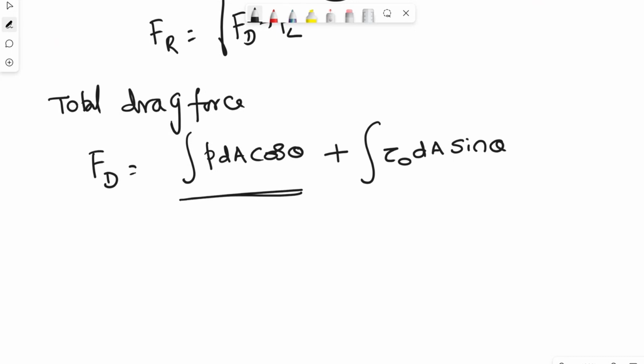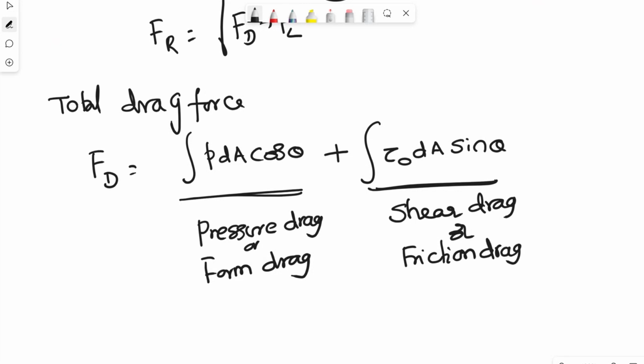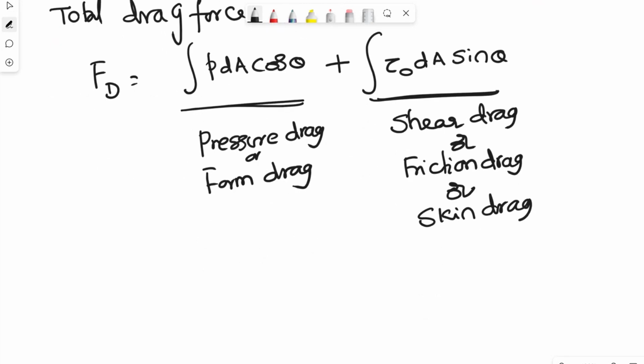The first one, integral P dA cos theta, is called pressure drag, or this is also called form drag. Please remember the terminology. And this is called the shear drag. This is also called friction drag. Friction drag, shear drag, all are the same. Or this is also called skin drag. So this term represents pressure drag. This term represents the shear drag.